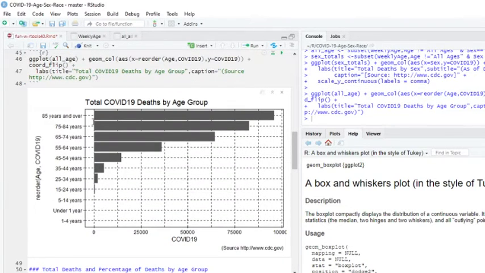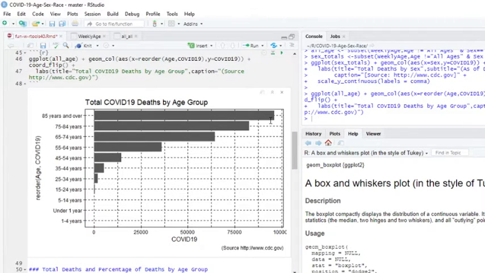Let's break it out by age group. You can see this again, to date, the females 85 and older. No, by age group, 85 and older still has the most deaths so far, over 75,000, close to 80,000 deaths.